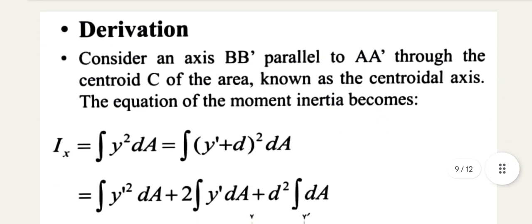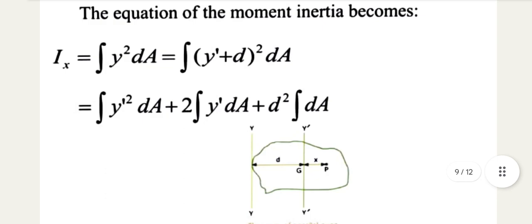Derivation: consider an axis BB dash parallel to AA dash through the centroid C of the area, known as the centroidal axis. The equation of the moment of inertia becomes Ix is equal to integral y square dA, which is equal to integral (y dash plus d) the whole square dA. Therefore, integral y dash the whole square dA plus 2d integral y dash dA plus d square integral dA.